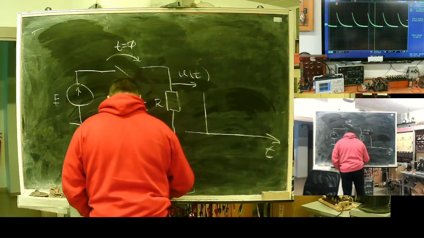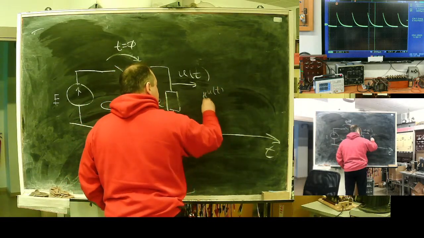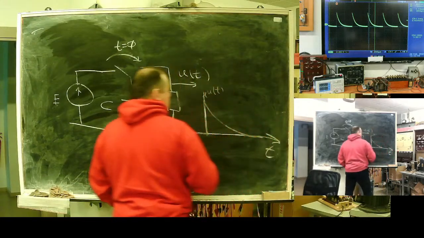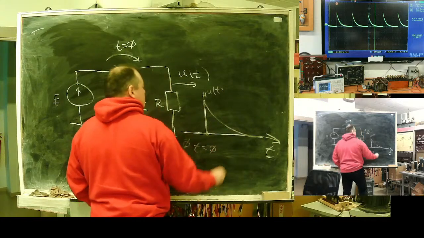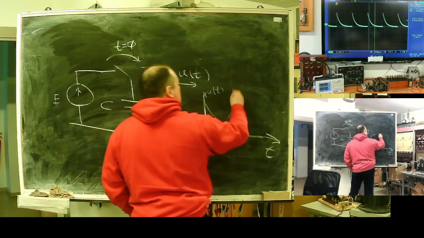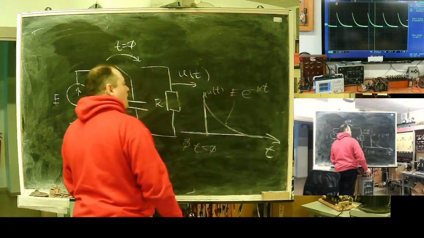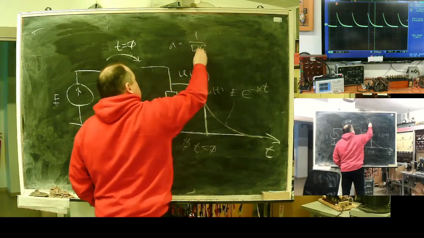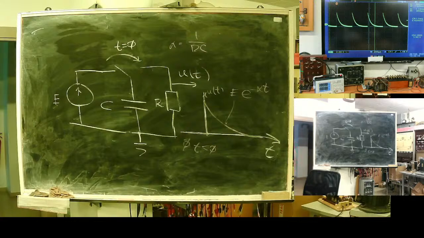Here it is: zero when time is less than 0, and this line is e to the power minus alpha t, where alpha is 1 over RC. Classics of the classics.